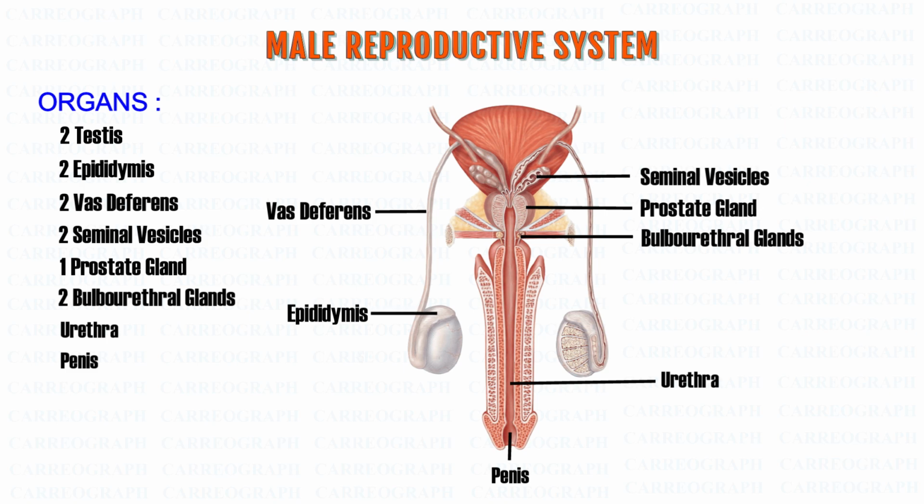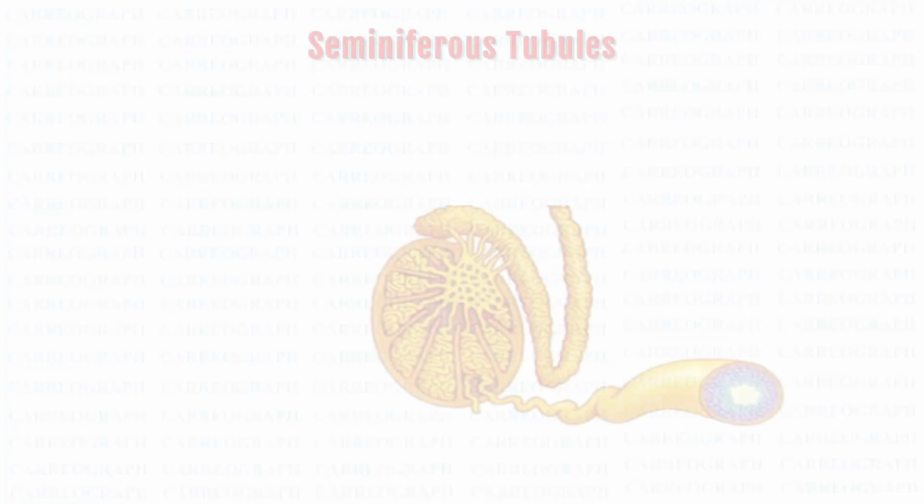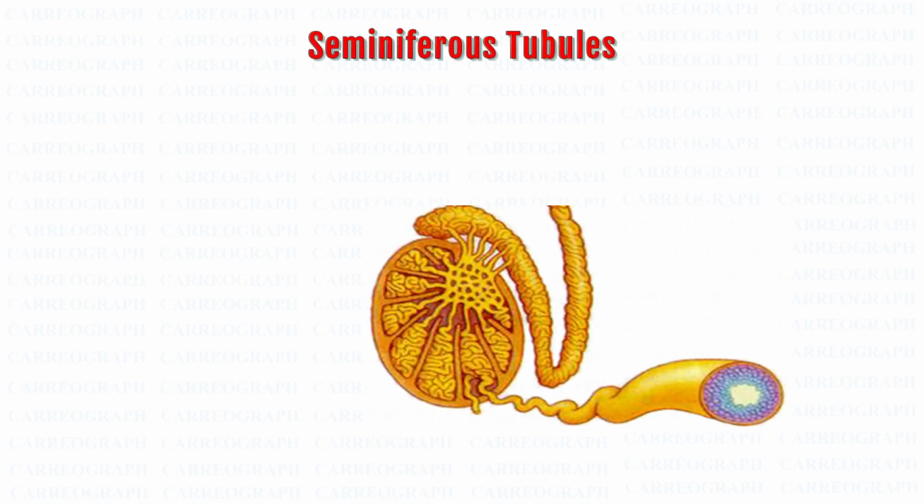Now let us go to the functions of those organs. As we all know, testis produces sperm. Now if you do a cross section of the testis, you can find inside the testis there is a small tubular structure which we call seminiferous tubule.